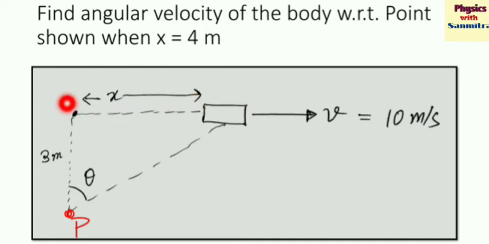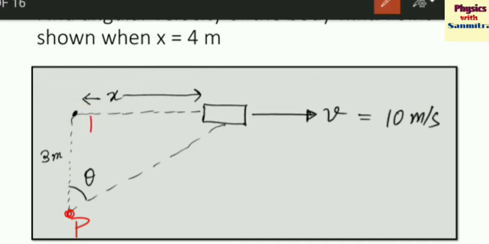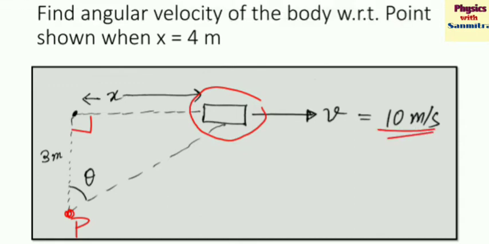See, when the object is here and this distance is 3 meter, and definitely this is perpendicular also. This should be mentioned. Now, since it is moving with a speed of 10 meter per second, let us find the angular velocity. See, this angle is theta.